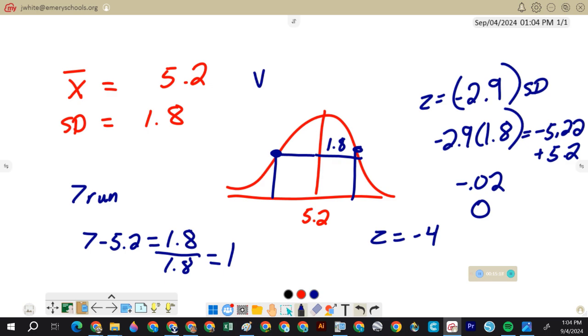So what would the formula be for value? Well, if you want to find the value, all you have to do is take your z-score. What did we do with that? We multiplied it by the standard deviation, and then we added it back to the average. But how did we get values to the left of the average if we're adding?